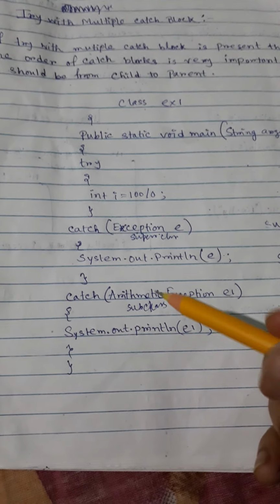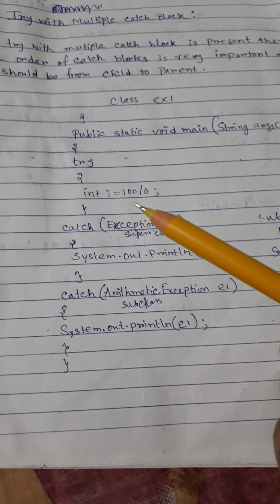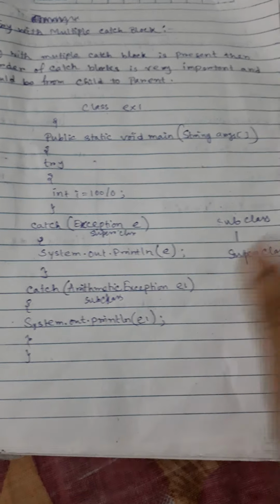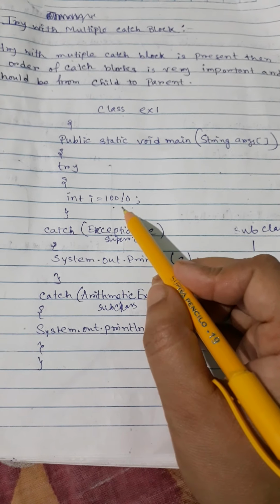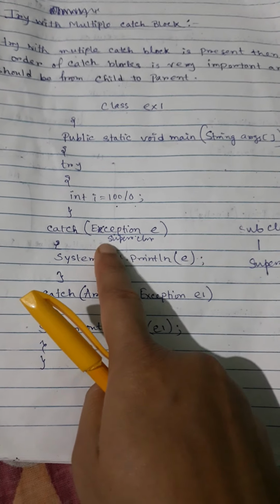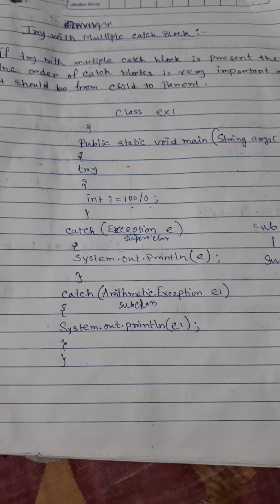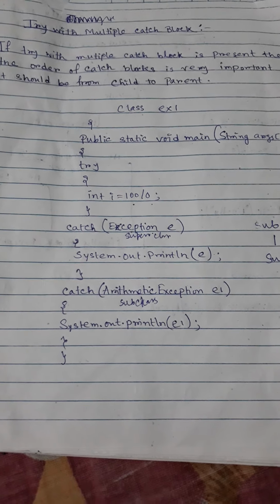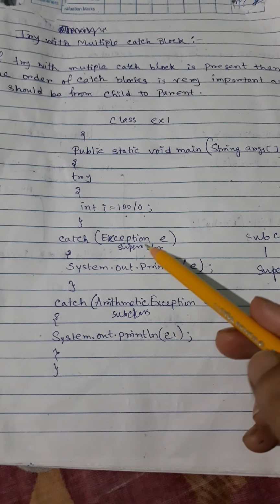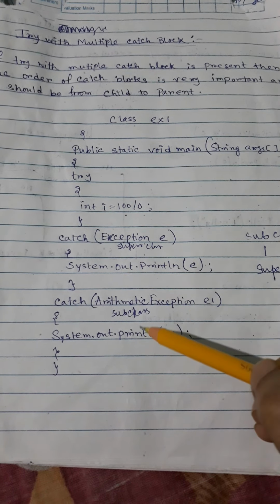So the output will not be shown, because an error will occur. Suppose 100 cannot be divided by 0, so it is an ArithmeticException, as all of you know. But the Exception class cannot handle this arithmetic type of exception; it should be handled by ArithmeticException.